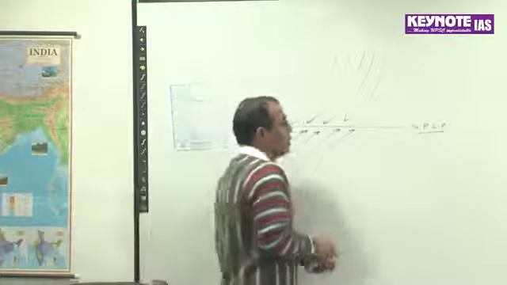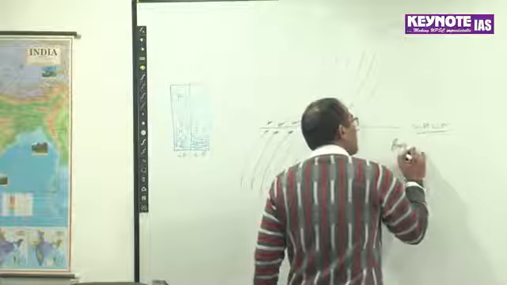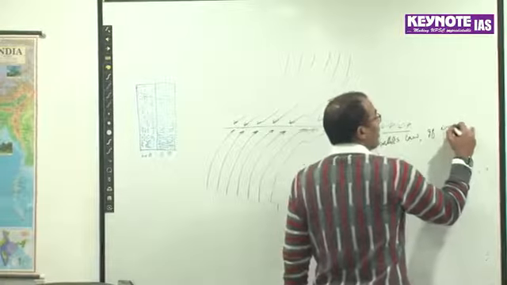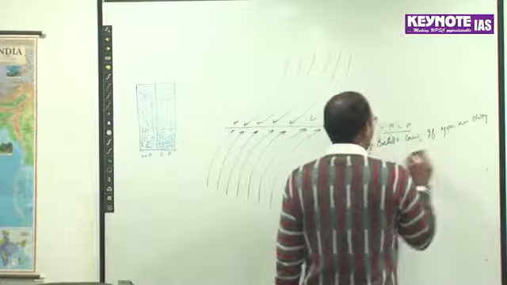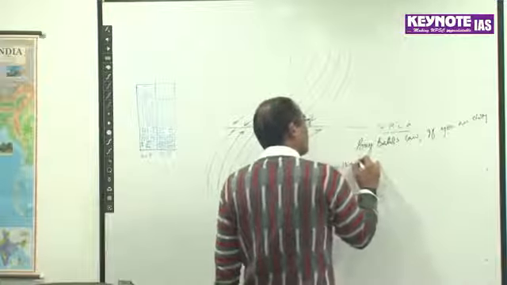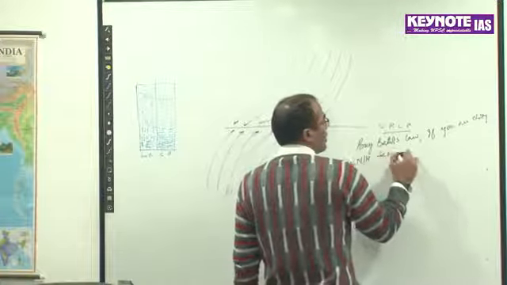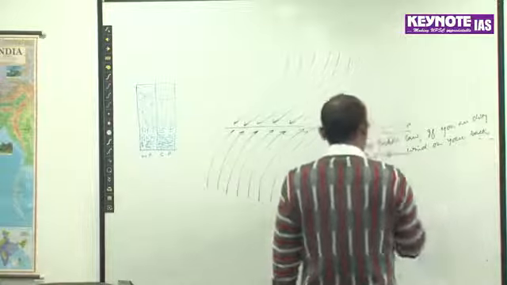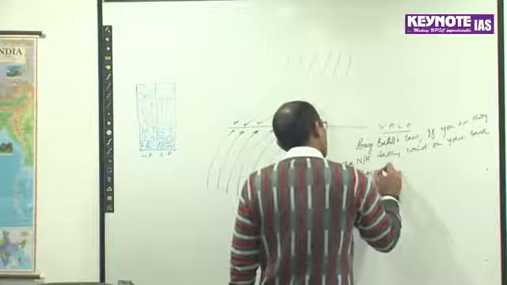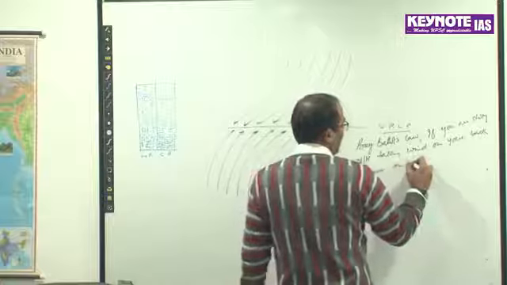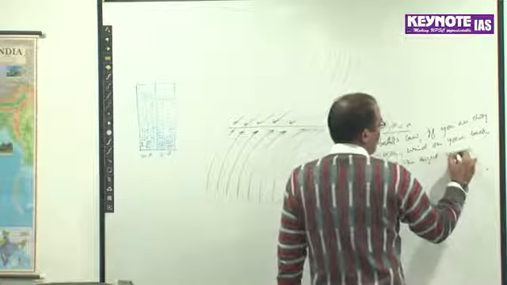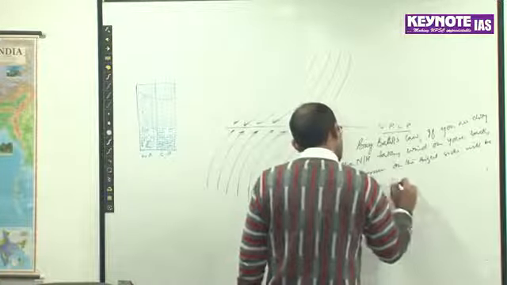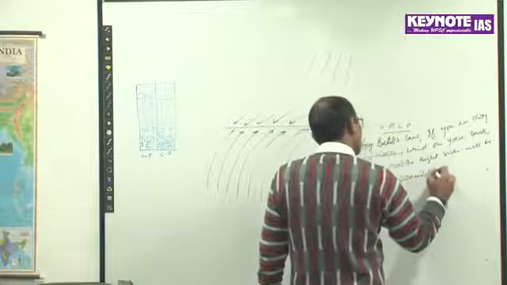That's what you call Buys-Ballot's law. As per Buys-Ballot's law, if you are standing in the northern hemisphere taking the wind on your back, the pressure on the right side will be higher as compared to the left side.